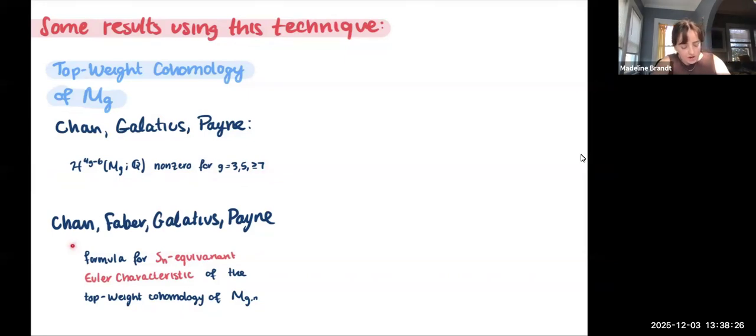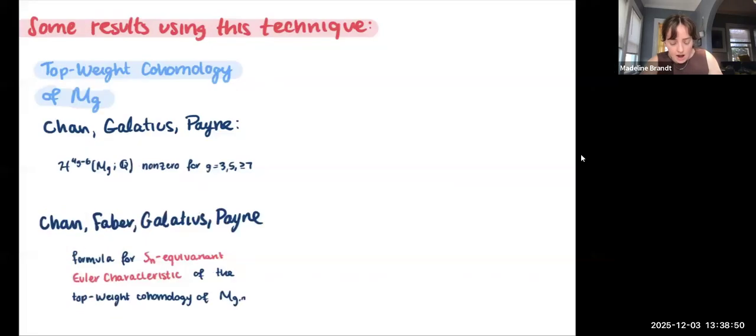And then they also did a computation that gave the formula for the S_n equivariant Euler characteristic of the top weight cohomology of M_{g,n}. So these were sort of the first two results in this direction where you use these tropical techniques to try and say something about the cohomology of a moduli space.